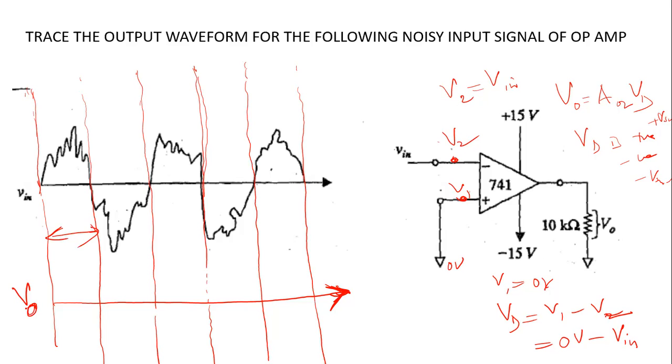Can you predict now? Give your response here. If your input signal is this kind of noisy pattern in this interval, what will be your output signal? Come on, think and respond here.